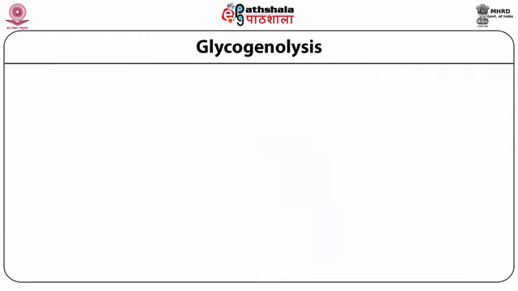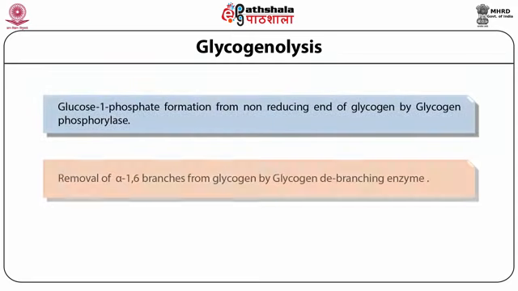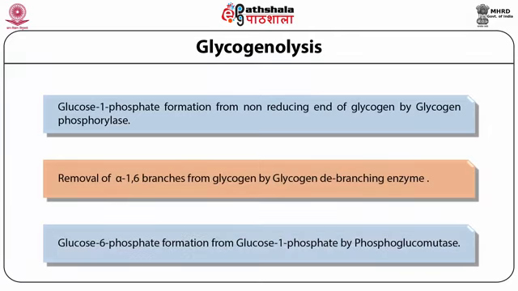The entire process is subdivided into three major reactions, as we earlier discussed: glucose 1-phosphate formation from the non-reducing end of the glycogen, removal of alpha-1,6 branches from the glycogen, and glucose 6-phosphate formation from the glucose 1-phosphate.